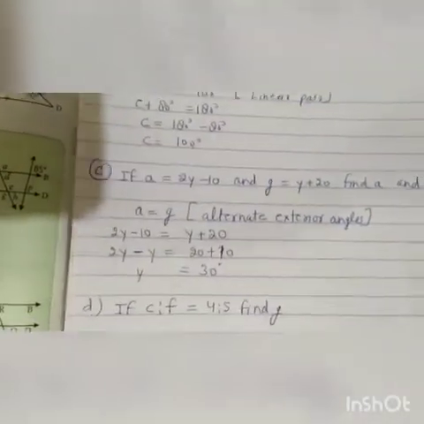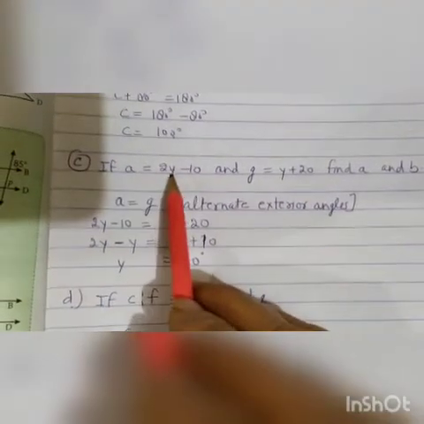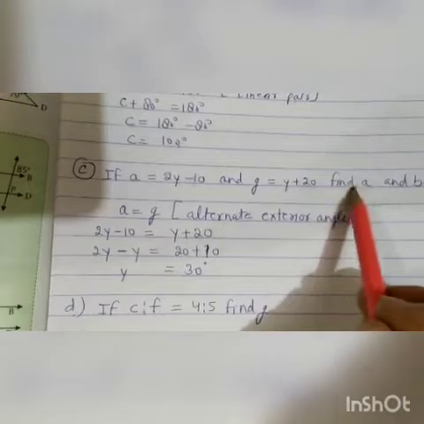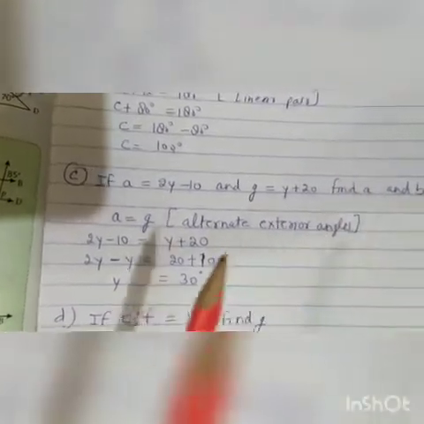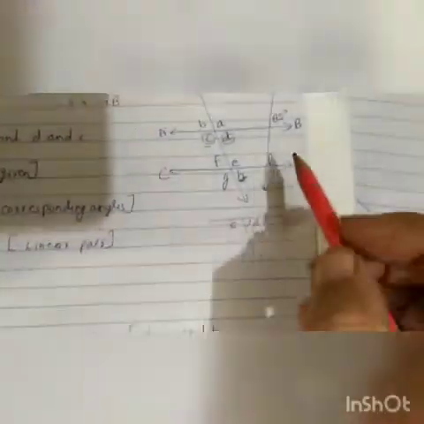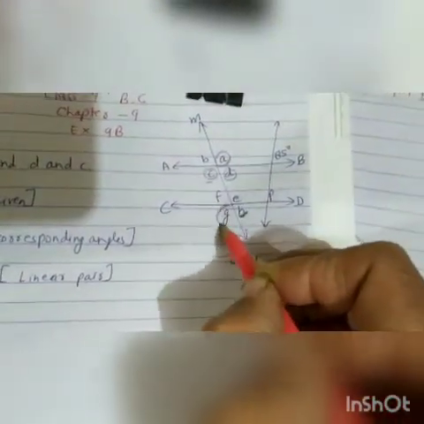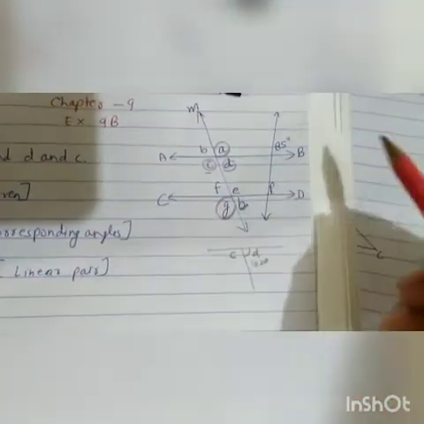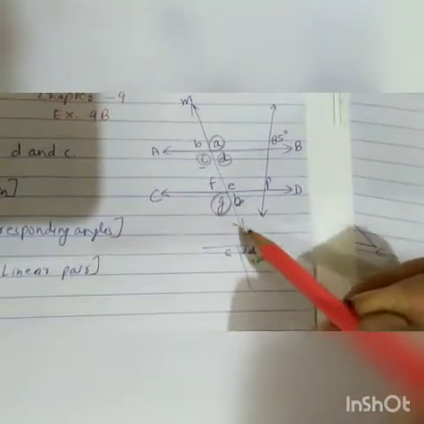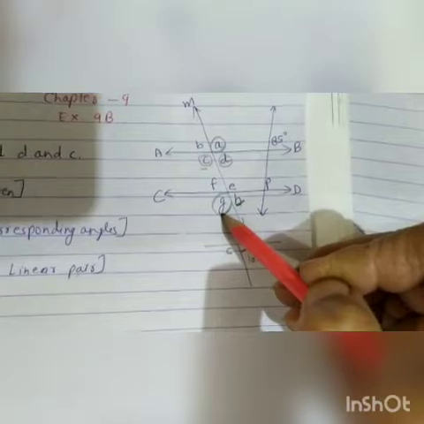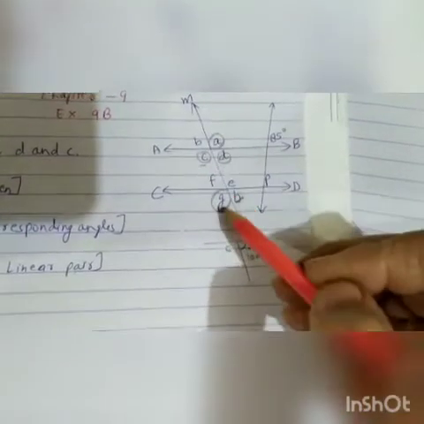Next, C part. If A is equal to 2y minus 10 and G is equal to y plus 20, find A and G. Students, A and G. Now this time we will take angle A and angle G. I explained in the starting which type of angles A and G are.